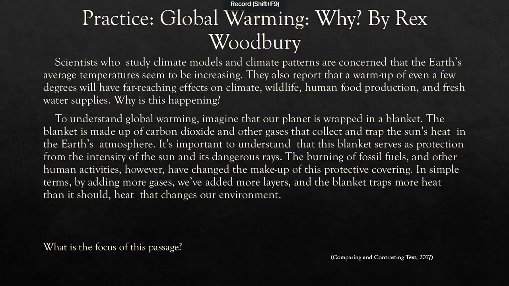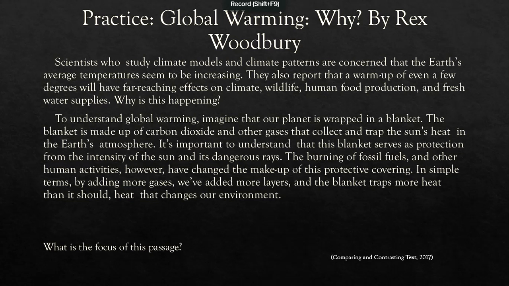Why is this happening? To understand global warming, imagine that our planet is wrapped in a blanket. The blanket is made up of carbon dioxide and other gases that collect and trap the sun's heat in the Earth's atmosphere. It's important to understand that this blanket serves as protection from the intensity of the sun and its dangerous rays. The burning of fossil fuels and other human activities, however, have changed the makeup of this protective covering.